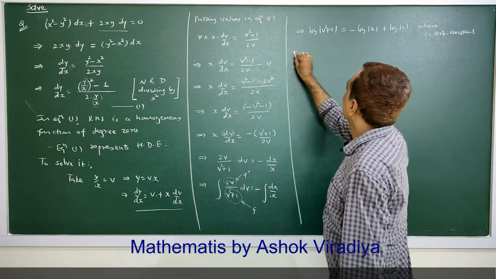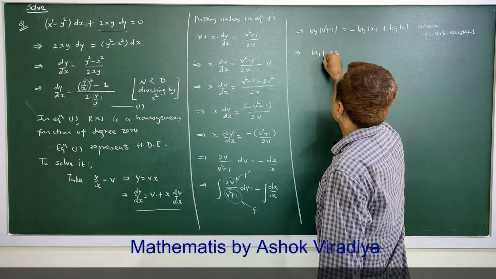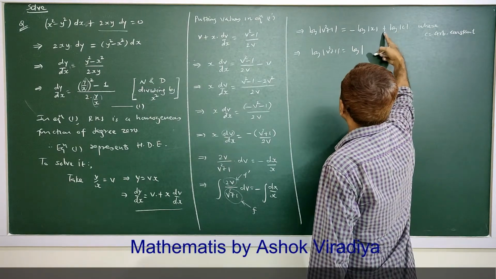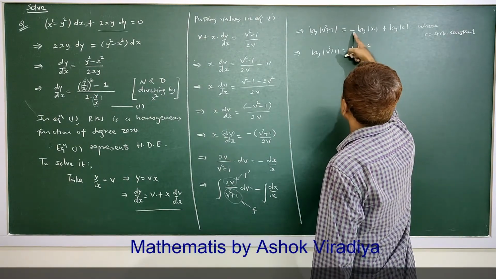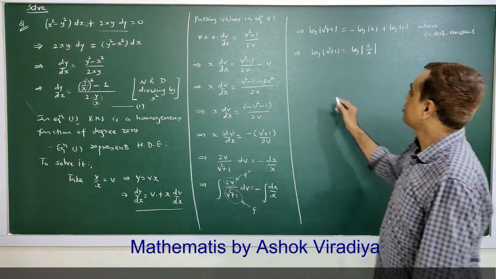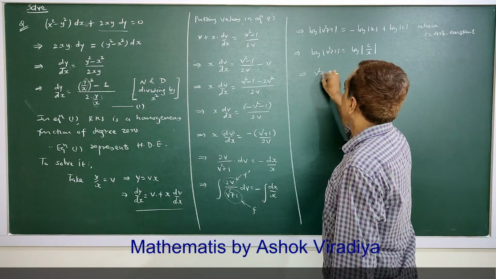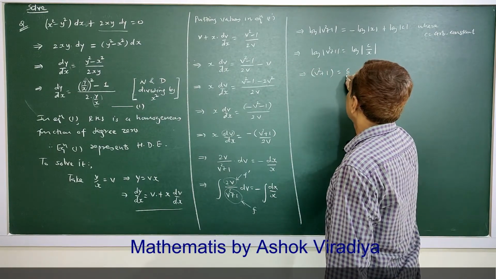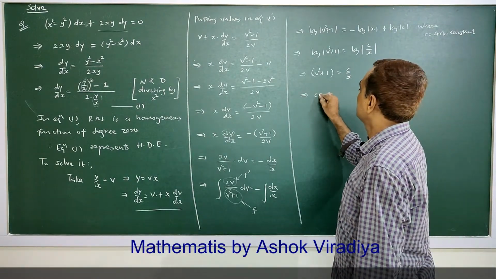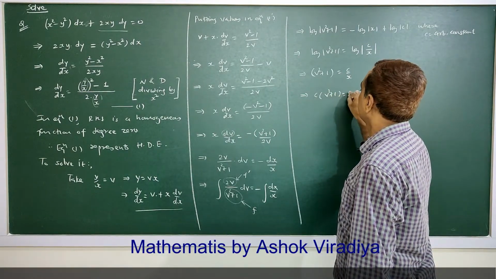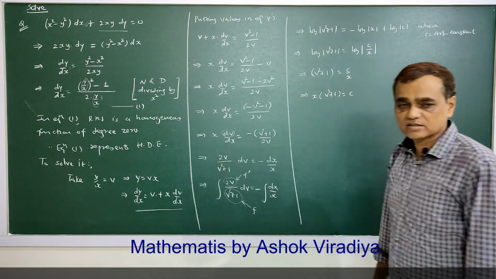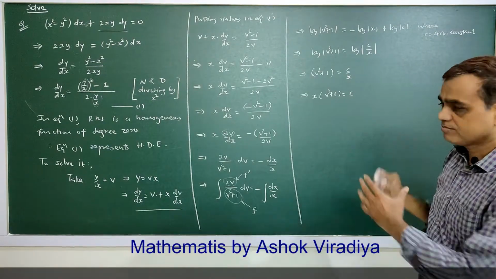That is, now joining these log terms, log of modulus v square plus 1 is log of modulus c upon x; this is positive, so c, this is negative, upon x. Now removing log on both sides, v square plus 1 is c by x. So therefore x into v square plus 1 is c. This is the simplest form.